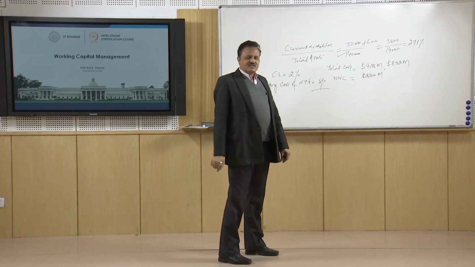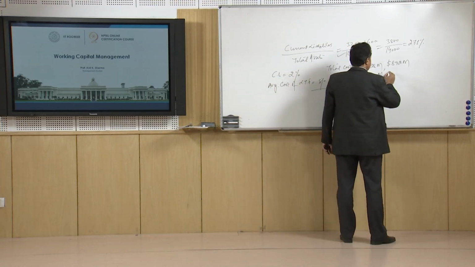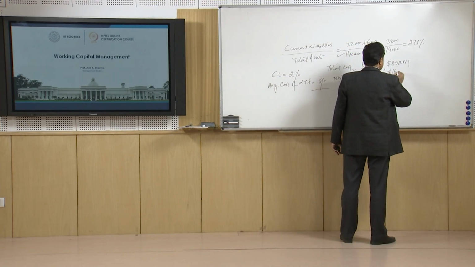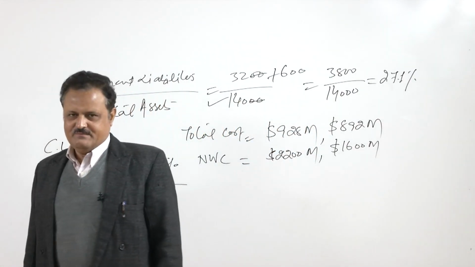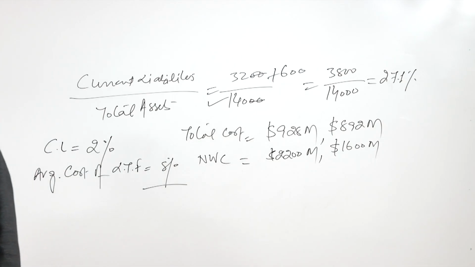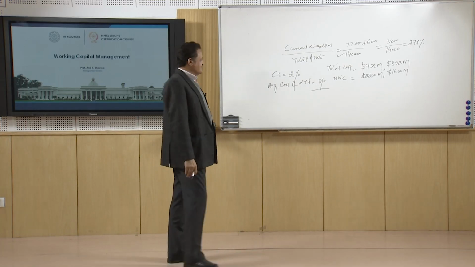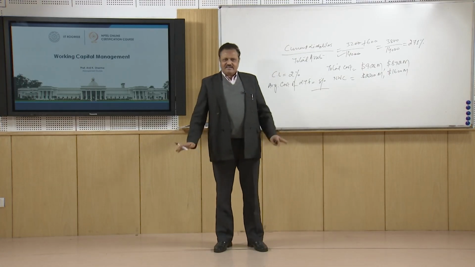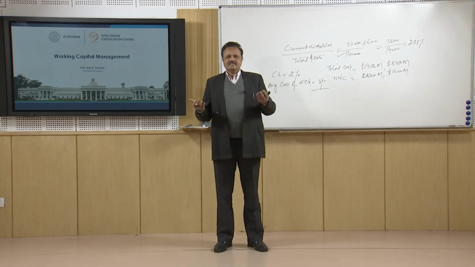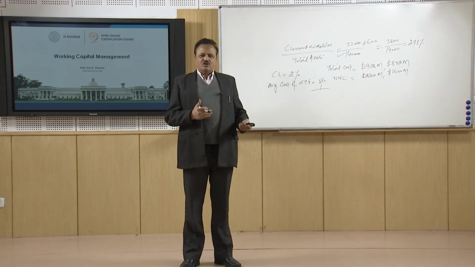But the negative effect is that net working capital has come down to $1,600 million. It means your liquidity has been affected. When the net working capital goes down, your risk increases. So, we are increasing the risk by reducing the cost.